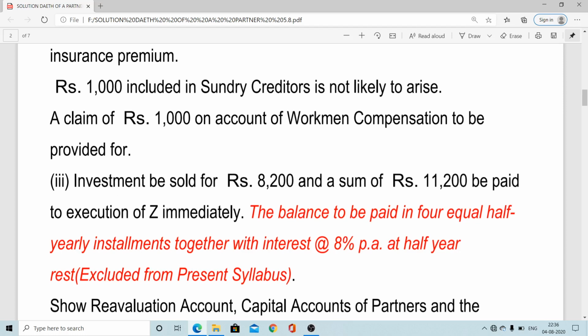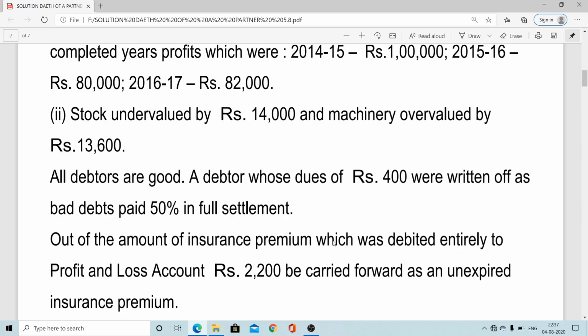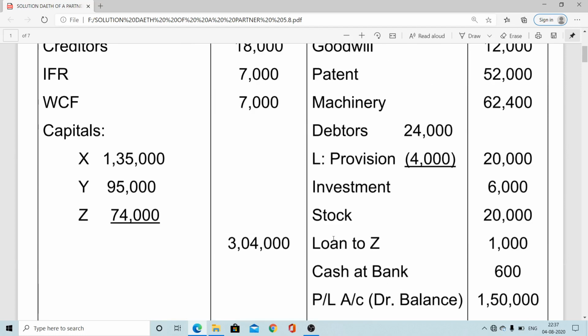Investment be sold for rupees 8,200 and a sum of rupees 11,200 be paid to the executor of Z immediately. So here the investment revalued figure is 8,200. So we have to compare here whether the investment value increases or decreases. Investment value here is 6,000. Against that, an investment fluctuation reserve is there.